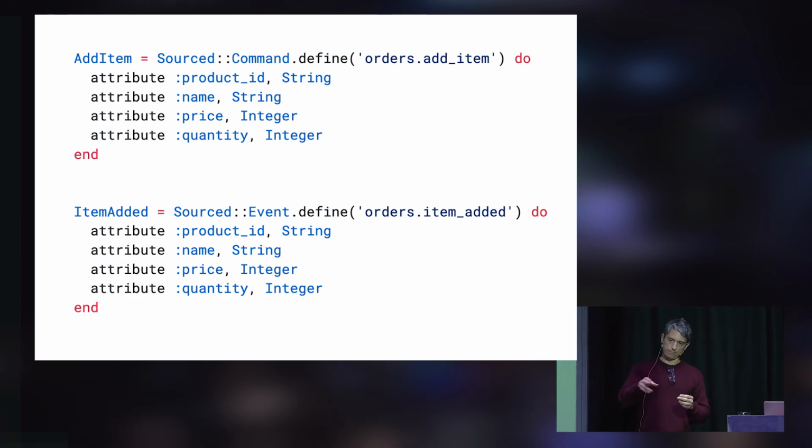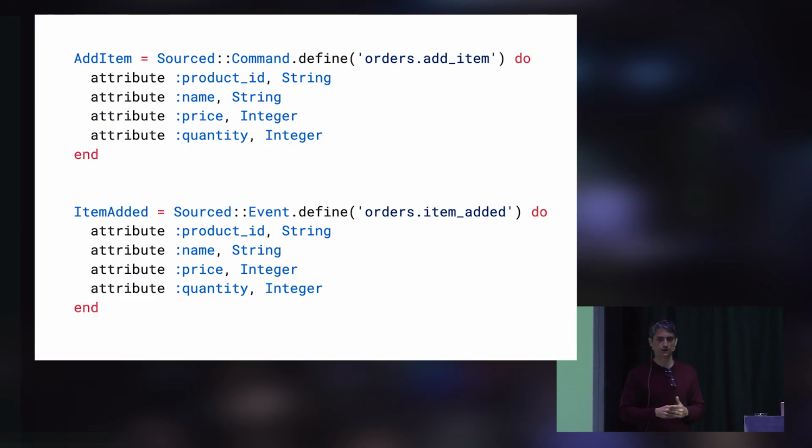I'm using my own library for just having attribute validations and coercions, but you can think of these as just structs. So the first one is the add item command, and it has attributes. And then the second one is the event. So the first one is add item, and the second one is item added, kind of the mirror image of it. And in this case, they both look the same.